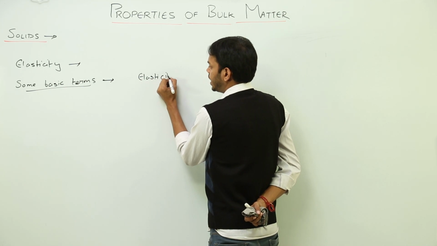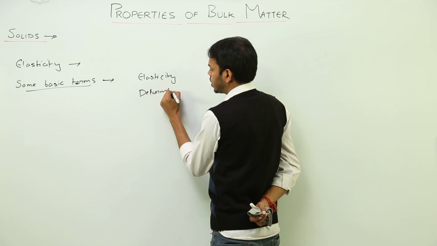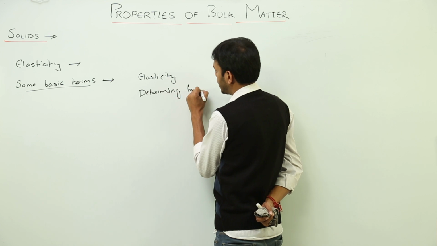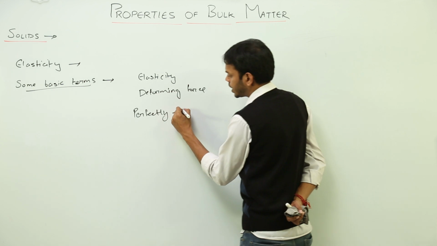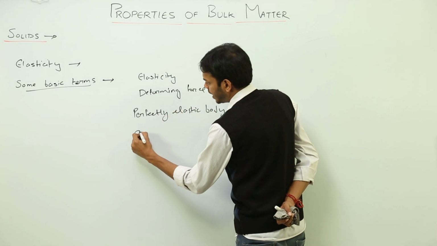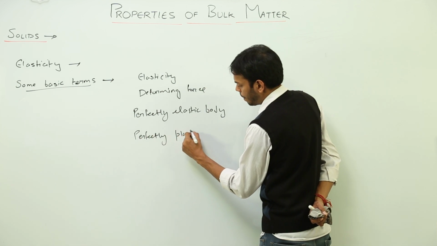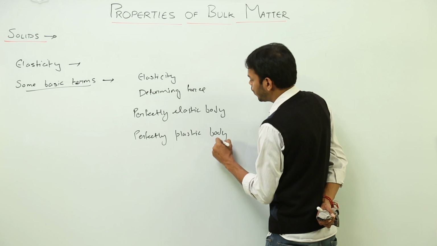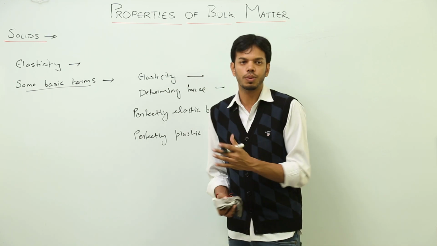One is elasticity, then deforming force, then perfectly elastic bodies, and then perfectly plastic body. These are the 4 basic terms which you should know before we start further topics of the chapter.